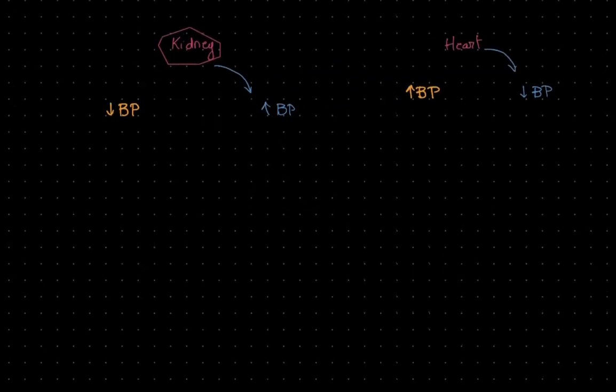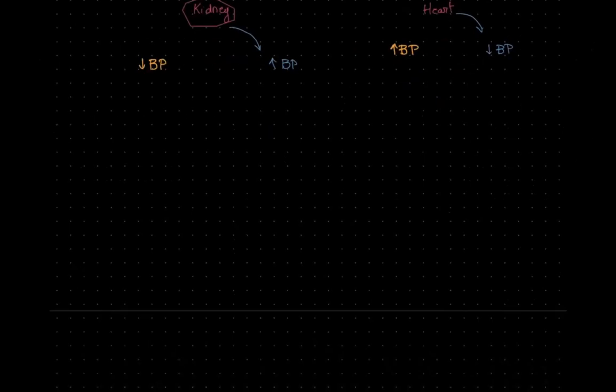So how the kidney acts, if you remember, by activating in case of a decrease in blood pressure, this is going to be detected by the granular cells of the juxtaglomerular apparatus, as they are acting as mechanoreceptors.